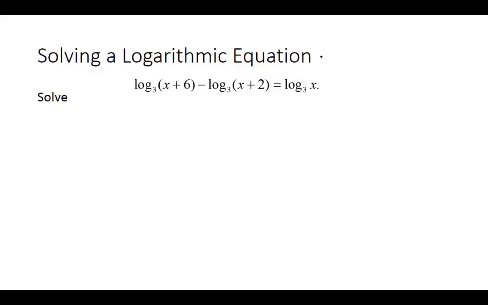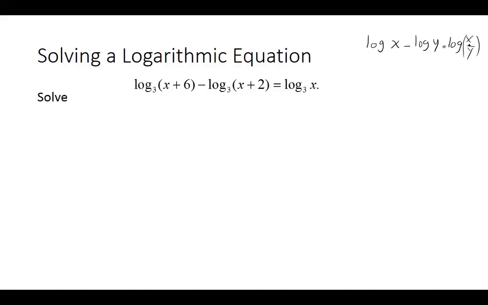We need to recall a few properties that we learned before. One of them is if I have log of x minus log of y, that would be the same as, if I were going to combine this, log of x over y.